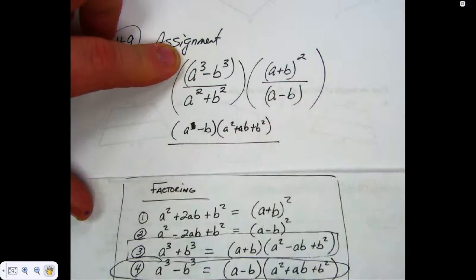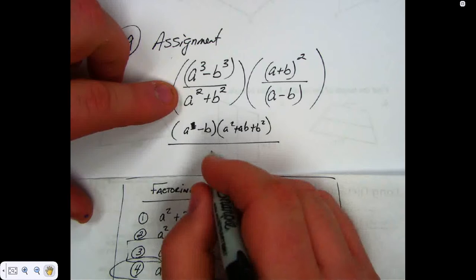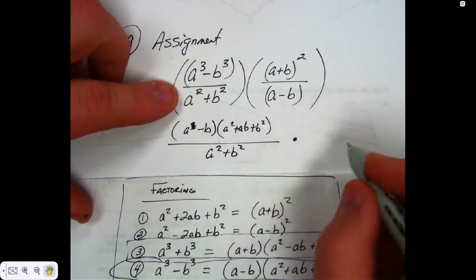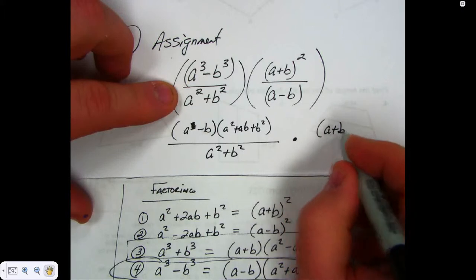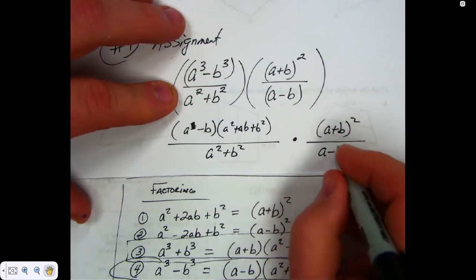All of that over, well, now let's look at this. Is there an a squared plus b squared here anywhere? There isn't, is there? So we'll just write that as a squared plus b squared. All of that times, well, that's already factored, a plus b quantity squared. All of that over a minus b.